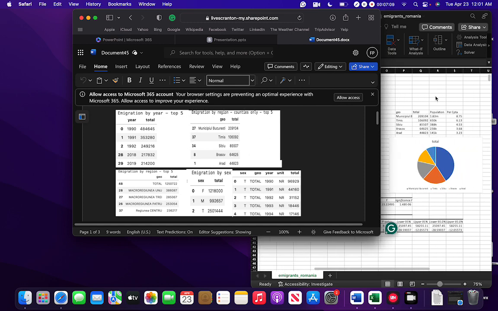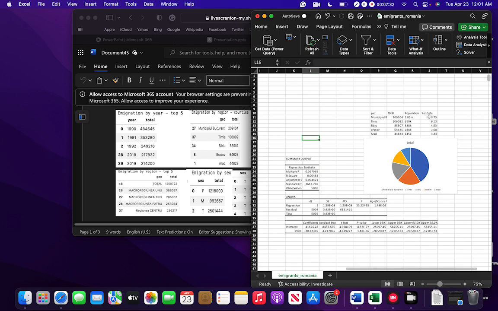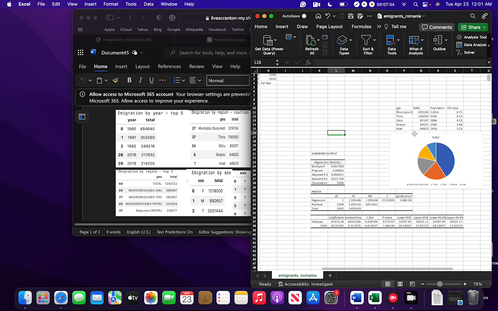I made a pie chart showing the different amounts of how many people have immigrated per city. And as you can see, despite Bucharest being the biggest, it still has the most per person, the most amount of people leaving per person. I divided by the population to figure that out.